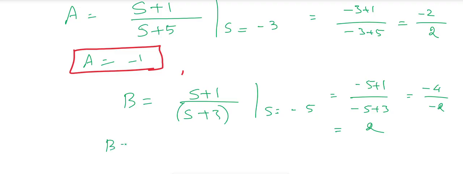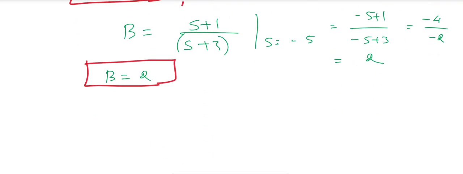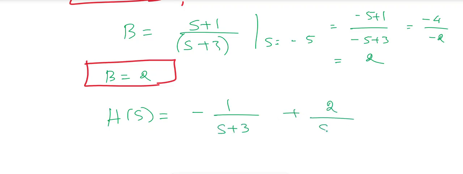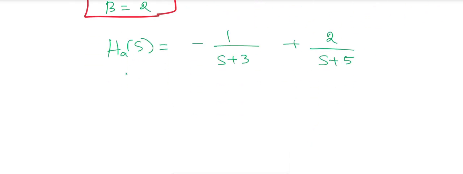These are the partial fraction coefficients. Now H of S can be written as minus 1 by S plus 3 plus 2 by S plus 5. This is an analog transfer function.